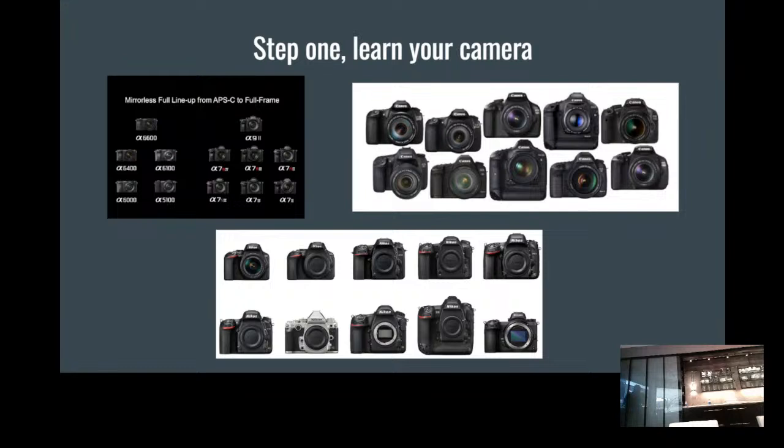So every couple years there's a refresh, a new model comes out, something stronger, something faster, something better than before comes to replace what already is. So first and foremost, whatever camera you bought, take a look, learn about it, research it online. I'm a strong believer in YouTube. I think that you can get some of the best information out of YouTube.